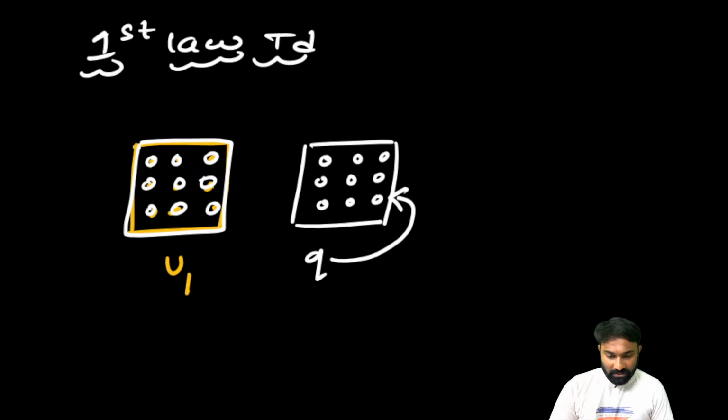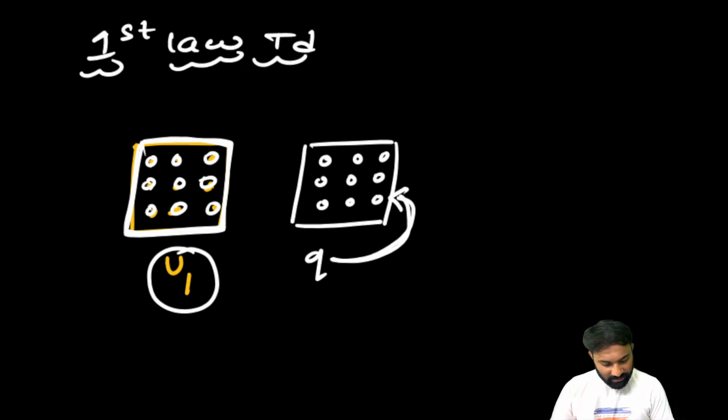Now when I give heat to my system, this is my system. For my system, initially it has internal energy U1. So I want to change my system through the heat.